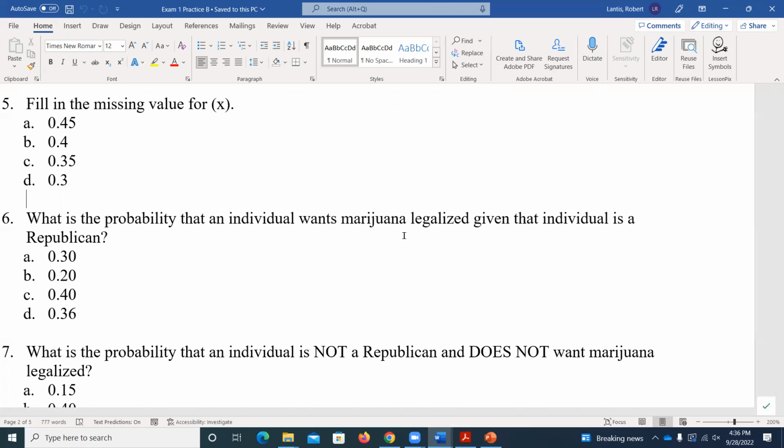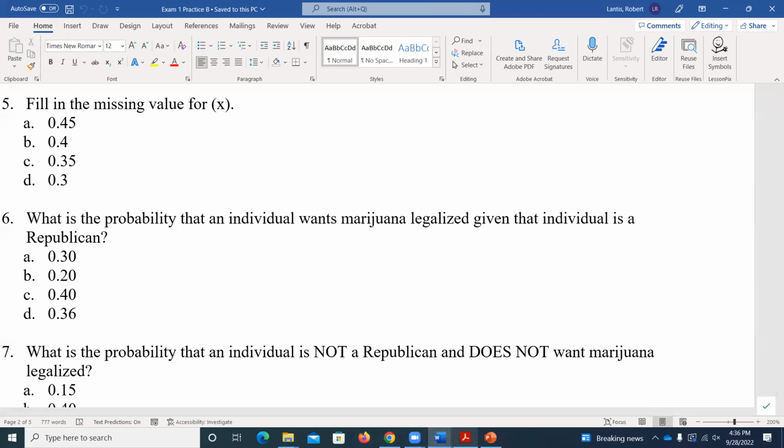Given that the individual is Republican, what's the probability they want marijuana legalized? Okay. Any questions about how we identified just what we were looking for there? So whatever you're told is given, whatever you know to be true, that's what's on the right-hand side of your line there. Okay.